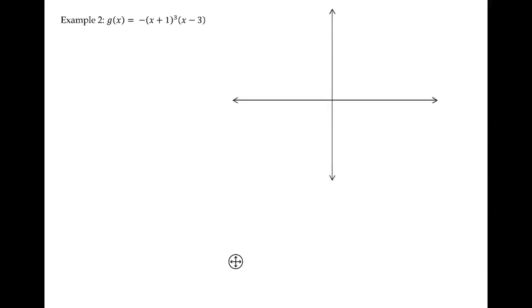So we've got example 2, looking at multiplicity. I'm going to expect some cubic behavior around this 0 and some, again, just passing straight through around this 0 here. But I'm still going to do my whole analysis for this one. So I'd start with my end behavior.